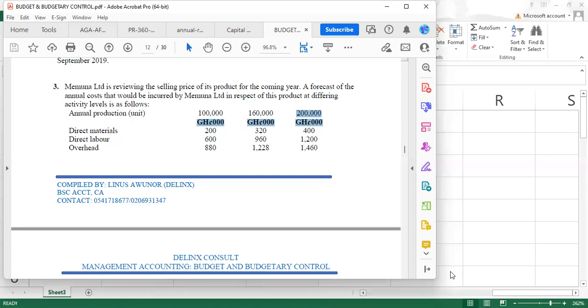So they are variable. What is the cost per unit? It's 6, right?